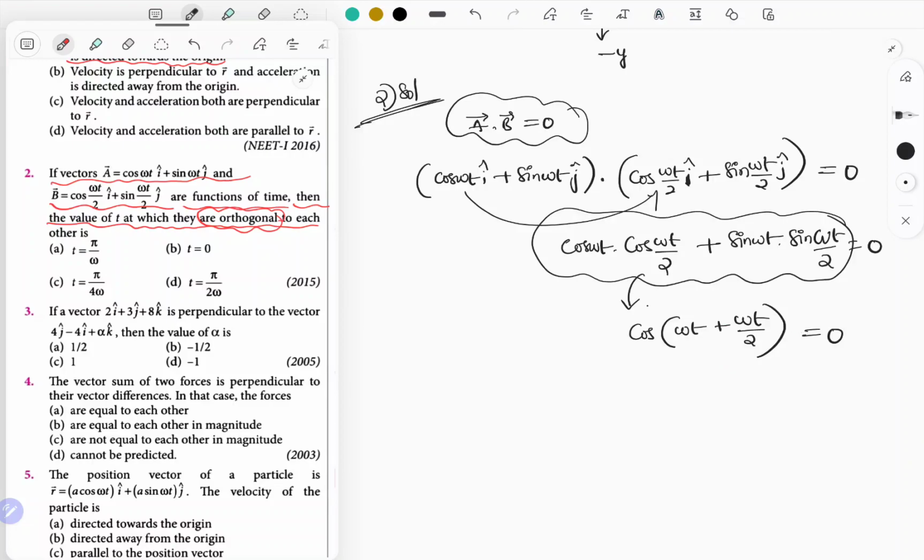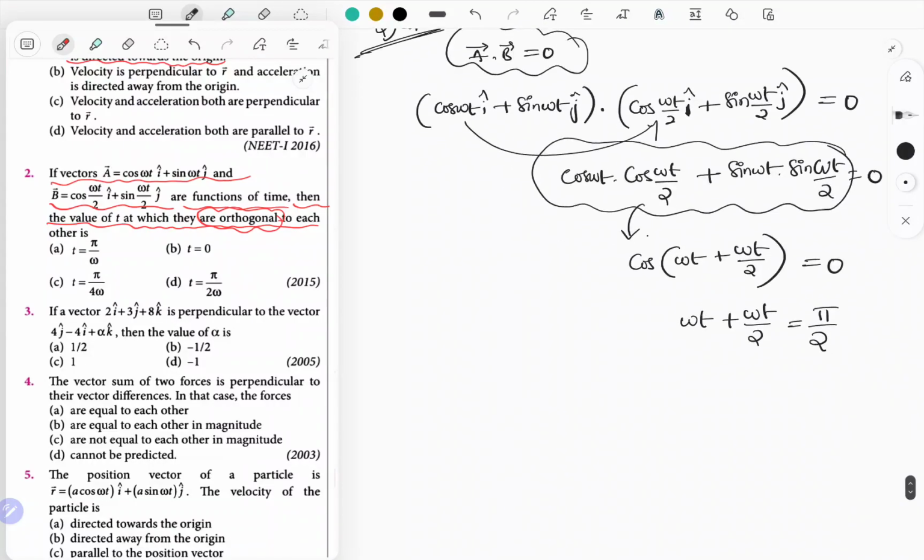At theta equal to pi by 2. Let me substitute that. Sorry, we made a mistake here. It is the cos of a minus b formula, right?